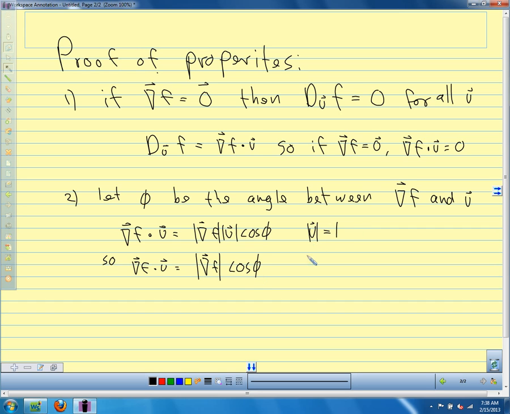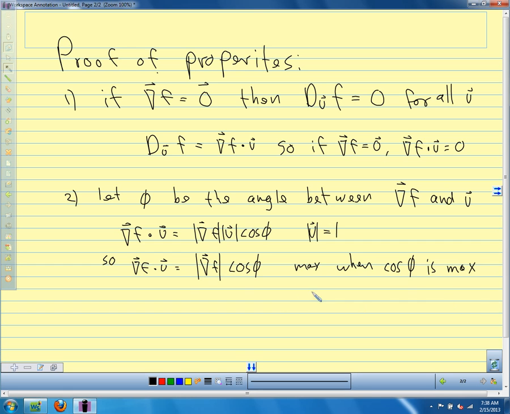So the directional derivative del f dot u is going to be maximum when the cosine has its maximum value. So this is going to be a max when cosine phi is a max.